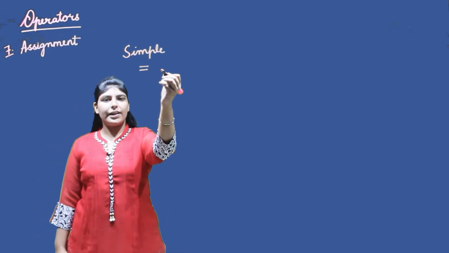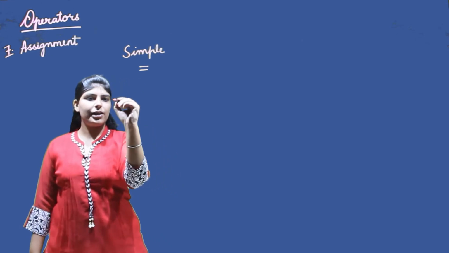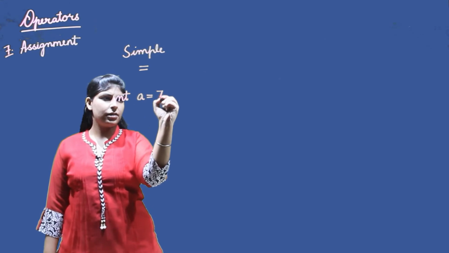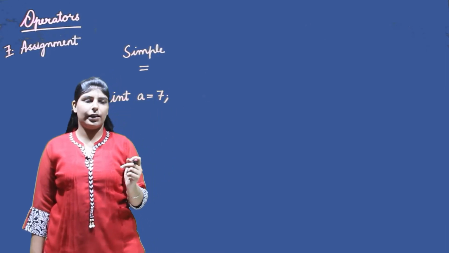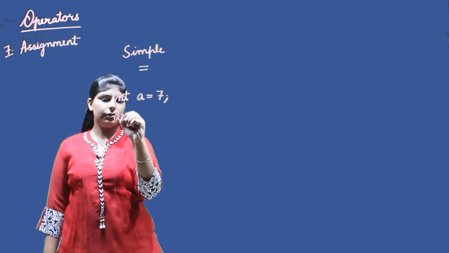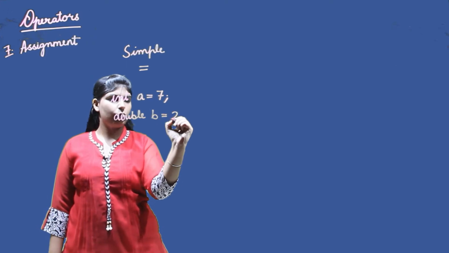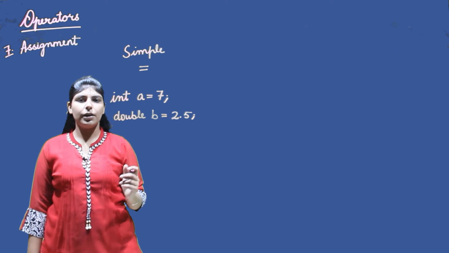The value on the right hand side gets assigned to the variable at the left hand side. So if I write int a is equal to 7, so this value 7 gets stored in an integer variable a. So if I write double b is equal to 2.5, this value gets stored in a double variable named b.